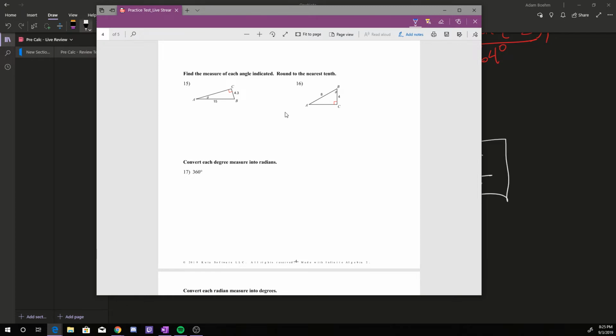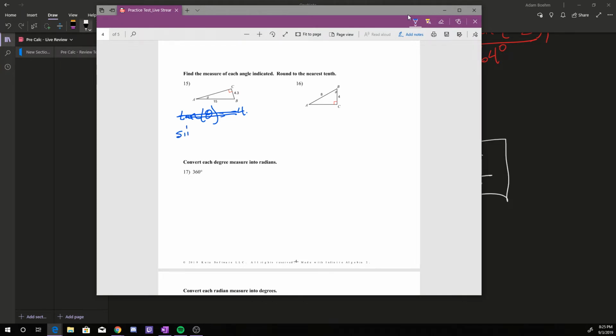So number 15, angle theta, we're given the opposite and adjacent side. So tangent of theta will equal 4.3. Oh, just kidding. We're not given those sides. We're given the hypotenuse and the opposite. So that's sine.